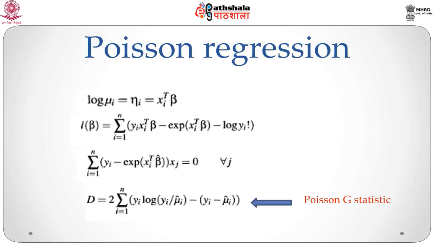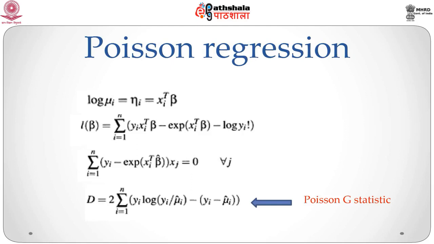The score equations are thus summation i=1 to n yi minus exponential xi prime beta hat times xij equal to 0 for all j equal to the number of covariates, in this case 5.